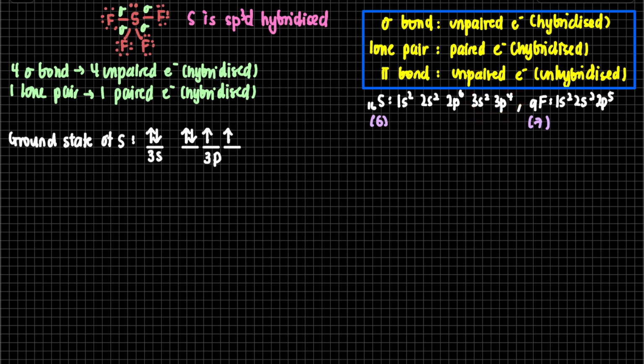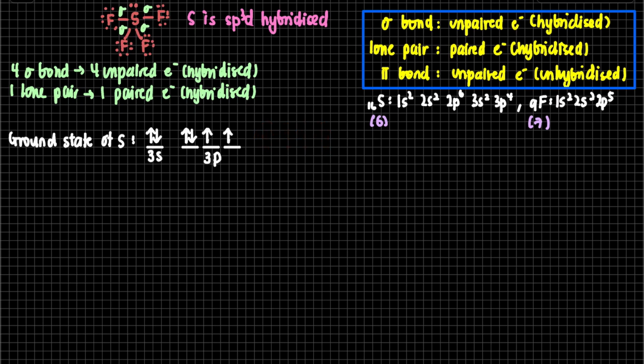What we have now is 2 paired electron and 2 unpaired electron. But when we go back to the list, we can see that we need 4 unpaired and 1 paired electron. So only this one we need to be in pairing. This one must be single. Then we will get our 4 unpaired electron.